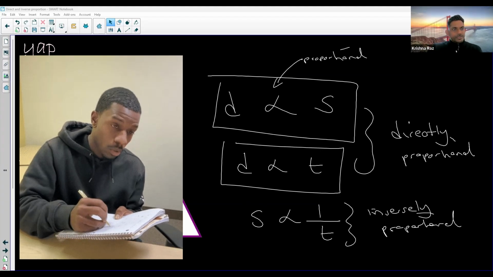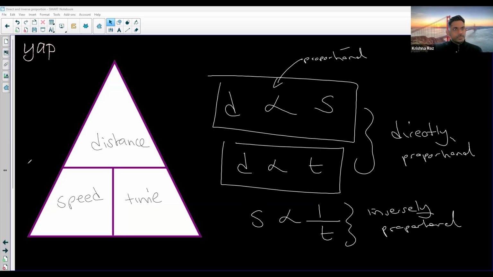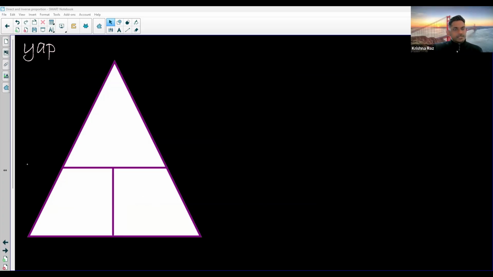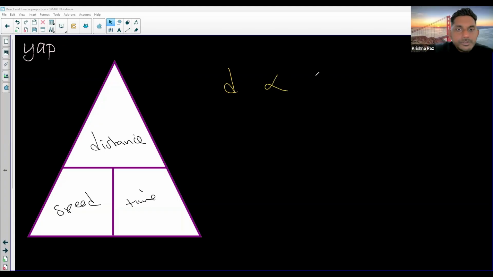So if we evaluate what we've done, we looked at distance, speed and time. And we said that distance is proportional to speed given a constant. So we know distance equals speed times time.